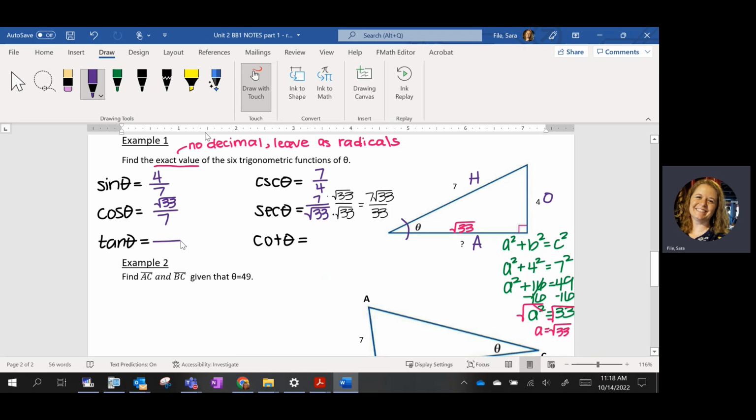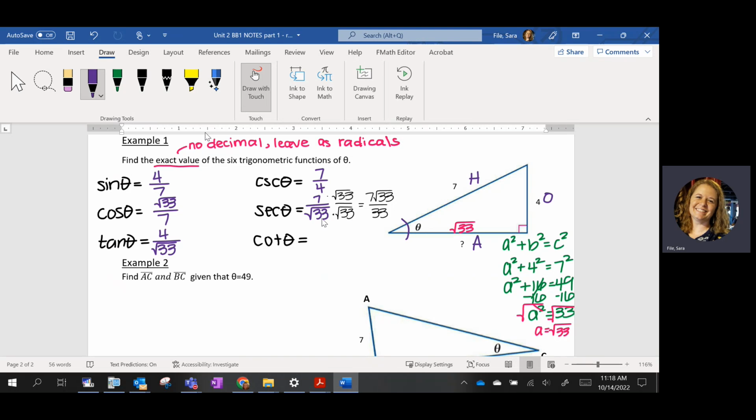What is the tangent ratio? Opposite over adjacent. So what is that here in this triangle? So again, I have the denominator with a radical that I want to get rid of. You do not have to show this work every single time you rationalize.